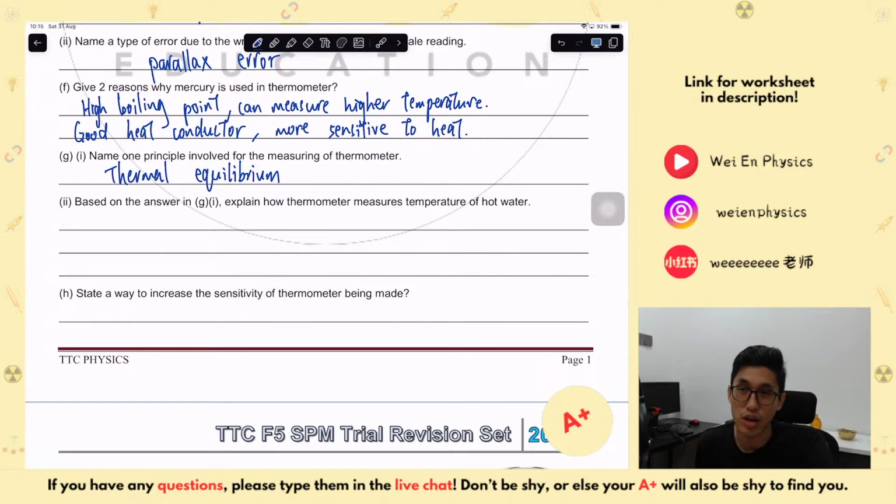Next, based on the answer in G1, explain how thermometer measures temperature of hot water. So now we're going to explain why it is like that.